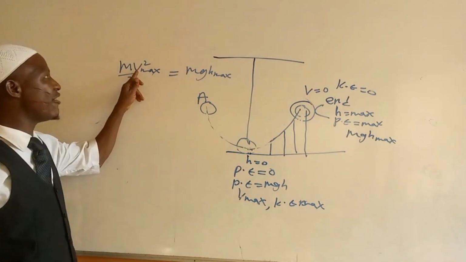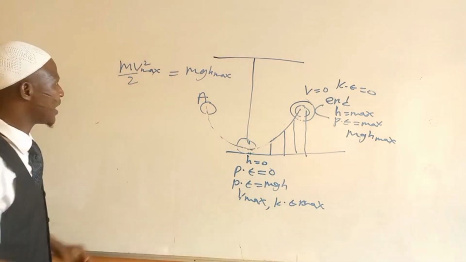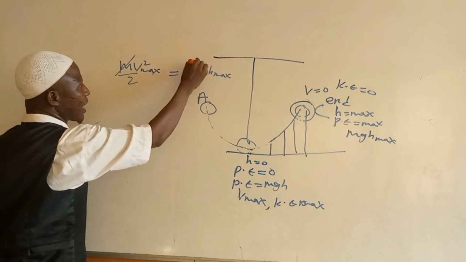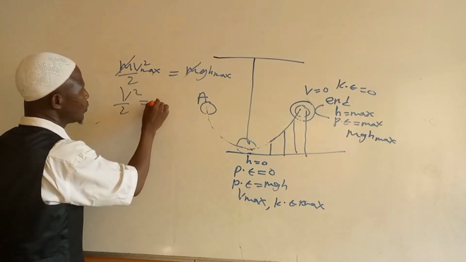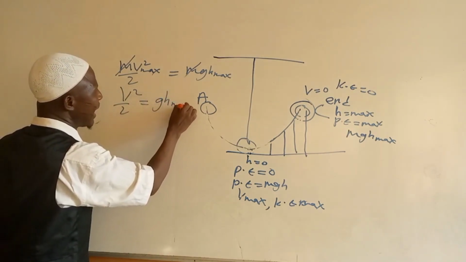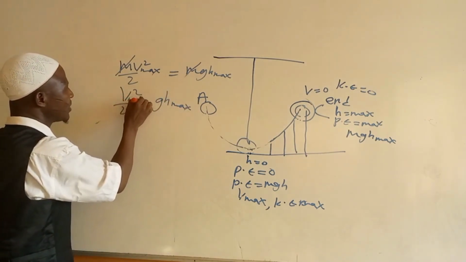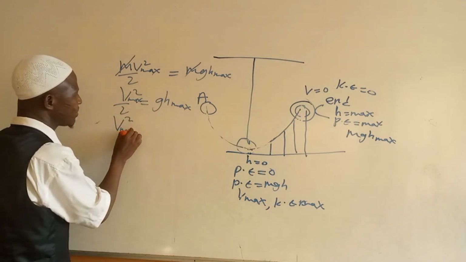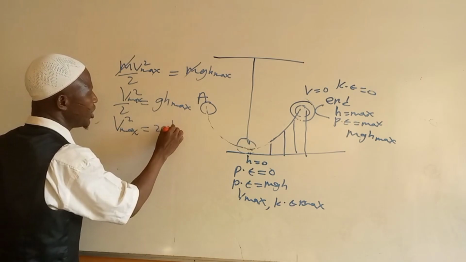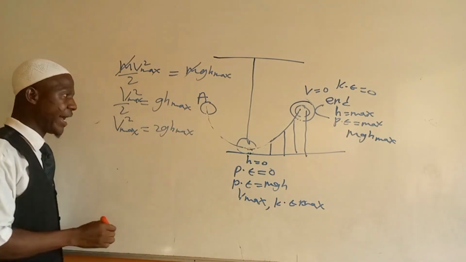So you may be asked to find the maximum velocity. In that case, we cancel m. Therefore, v squared over 2 is equal to gh, with maximum height. Then cross multiply. We have v squared, where velocity is maximum, equal to 2gh with maximum height.